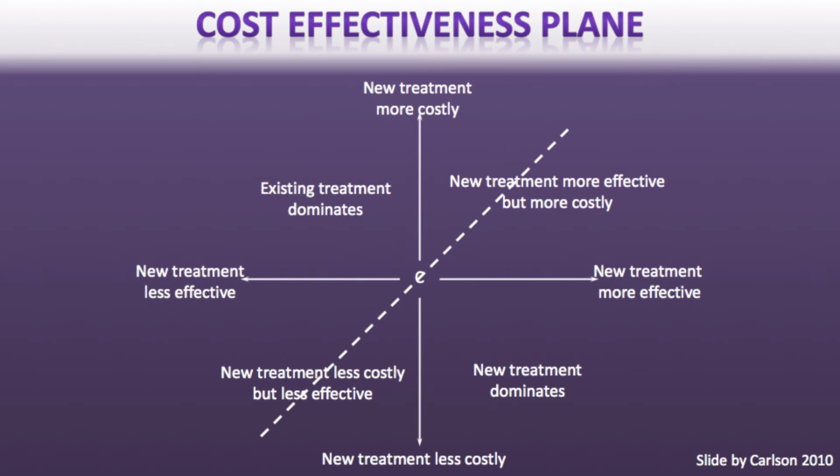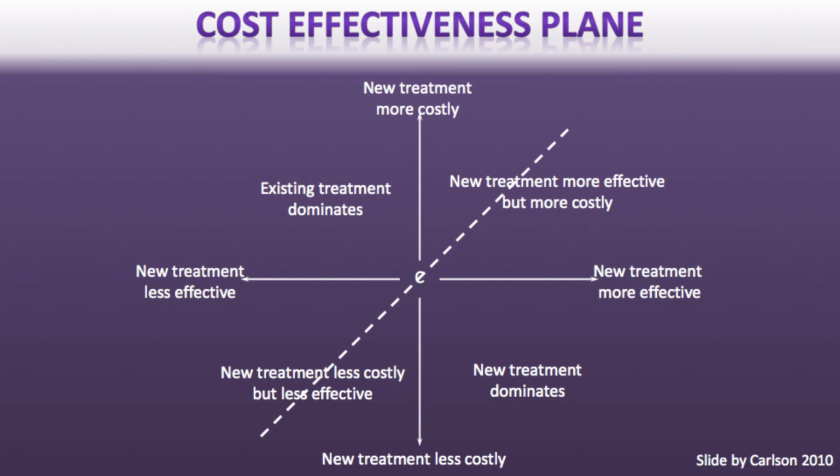Now, the line that goes up through the center is sort of a tipping point for that cost effectiveness plane. There are 4 conditions in which it's quite clear that there's a right answer in making these cost-effective decisions.